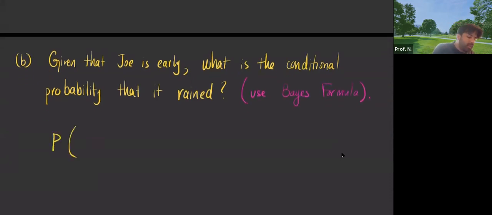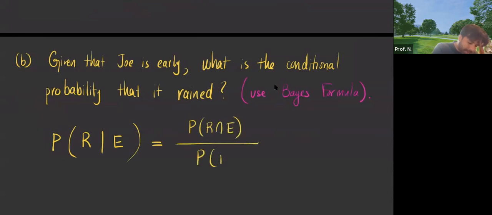The probability of what given what? Yes, P of R given that Joe's early. So that's the probability of R intersect E over the probability of E. But I already found the probability of E in part A.